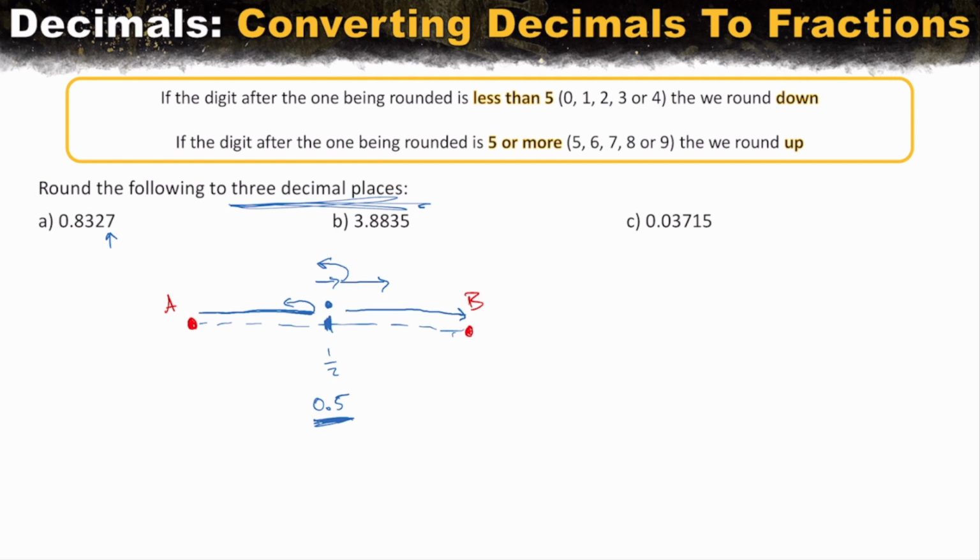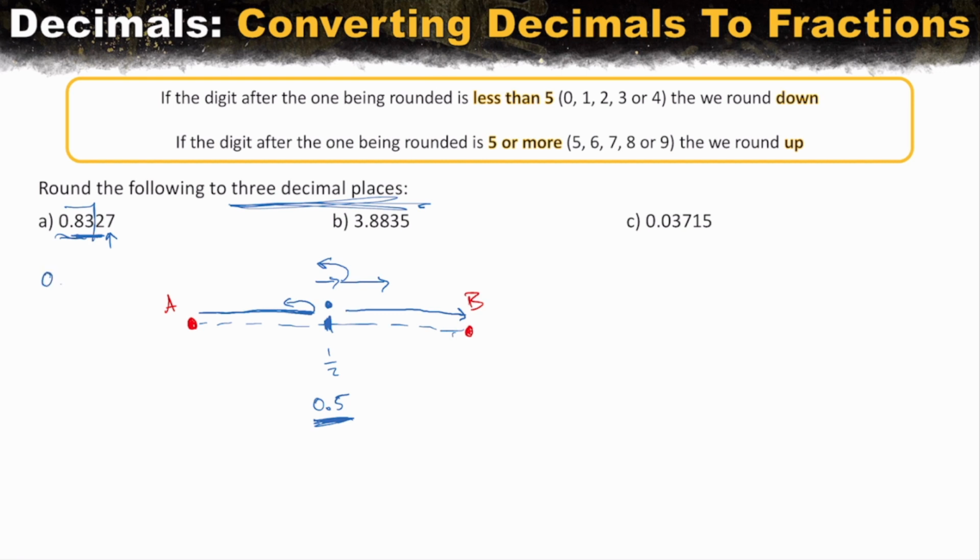If we look at our rules, we've got a 5 or larger number, so we should round up. But we are trying to represent it to the nearest thousandth.